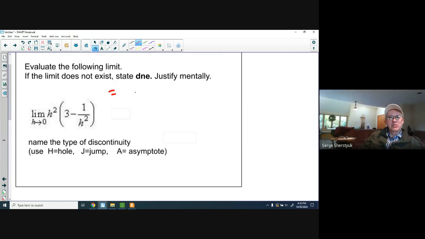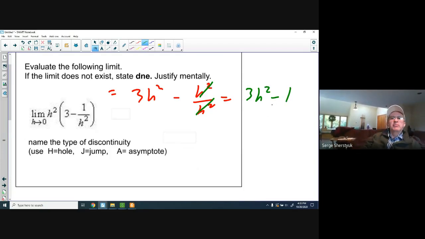So this really equals 3h squared minus h squared, over h squared. Of course, what happens with the h squared? So this becomes 3h squared minus 1. And now we've removed the trouble spot. The h squared is no longer at the bottom. I have no denominator, in fact.